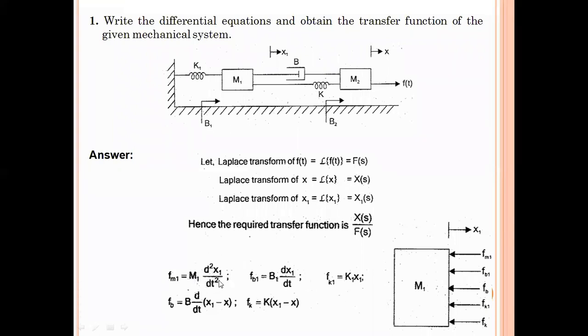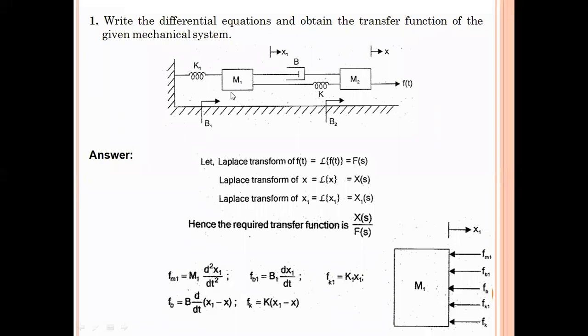In the previous class, we have seen how we can write this equation across M1. So f M1 is the force due to M1. And you can see K1 is connected to M1 directly. So that means f K1 force will also be there on M1.